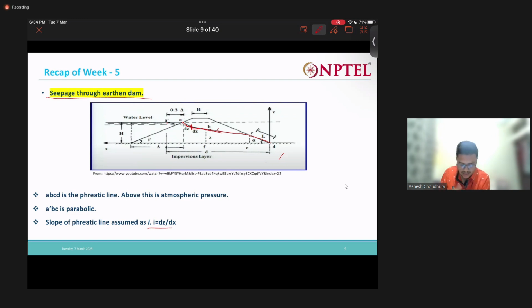Actually, Casagrande changed this thing, so we will see that later, why he gave this I. For now we are taking this I as dz by dx.